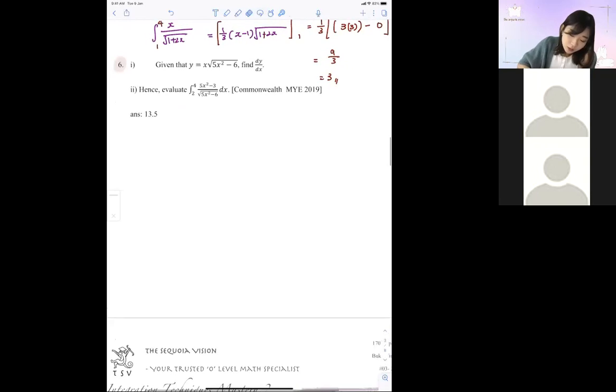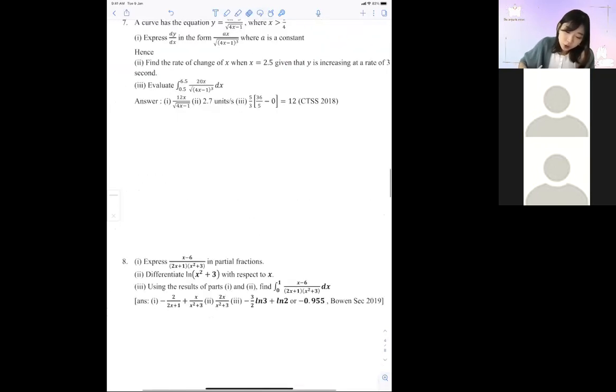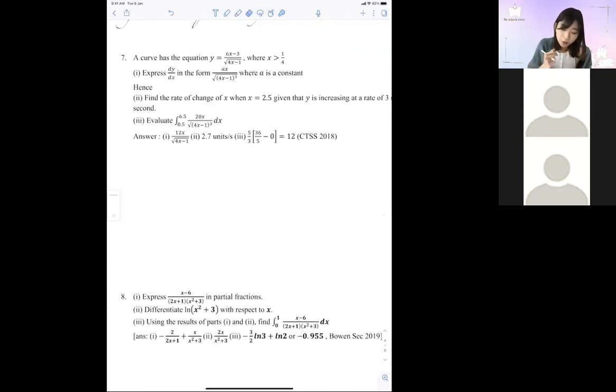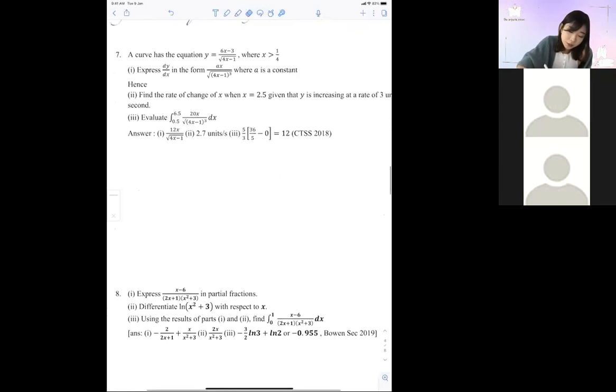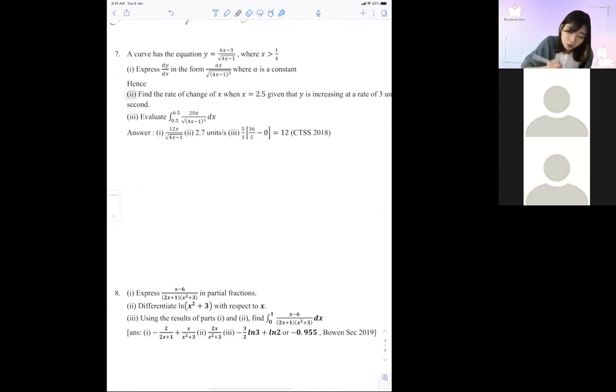Okay, so same thing. Question 6 done. Question 7. Now they mix a bit of rate of change together with integration. Okay, can I let you guys try?